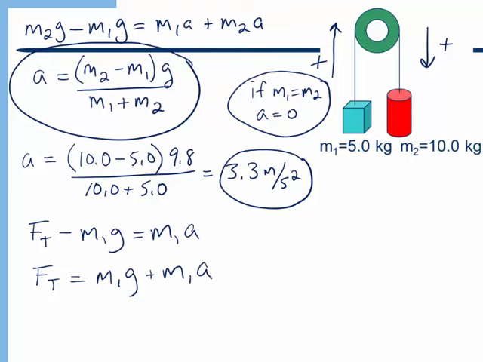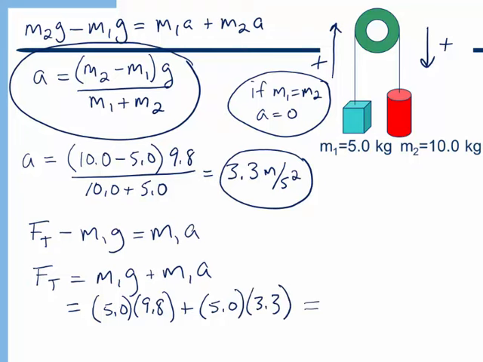At this point, we just need to plug in the values. So we've got 5 times 9.8 plus 5 times 3.3, and that equals 66 newtons to two significant figures.